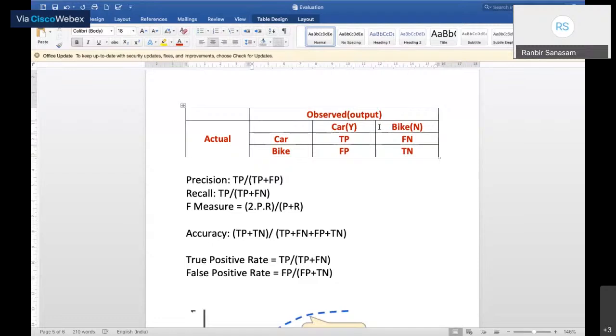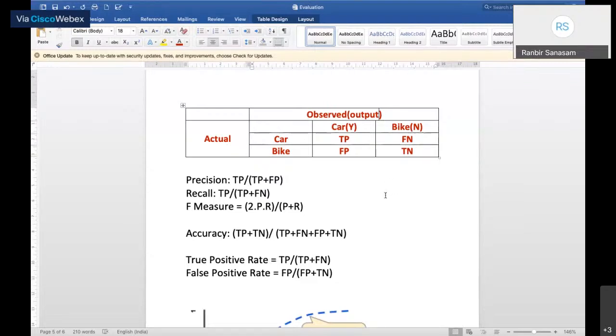So car is observed, but actually you gave a bike, and that is the actual. So the actual is the class level of what you give, and what you get from the classifier is the observed, or output.